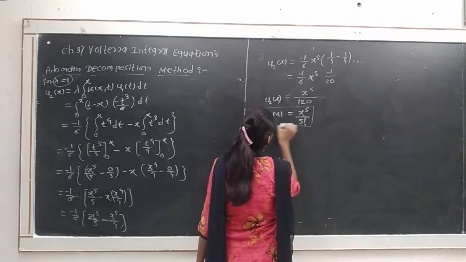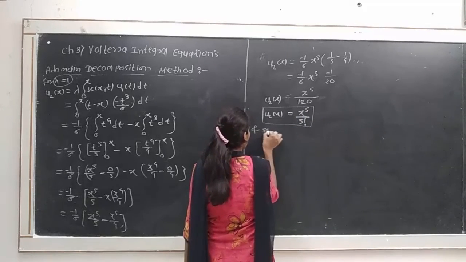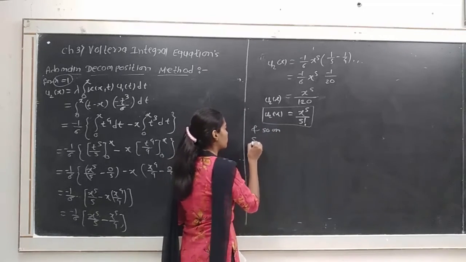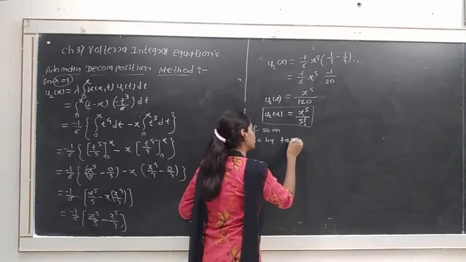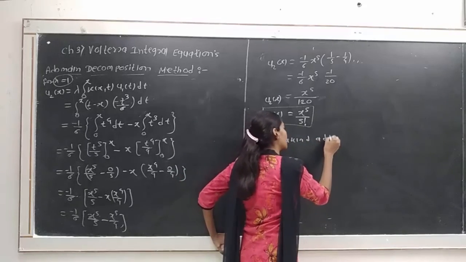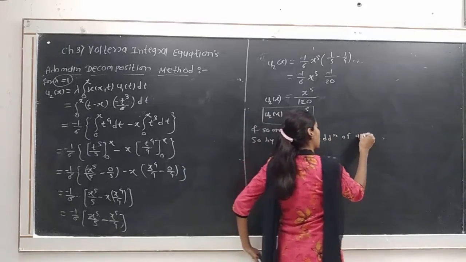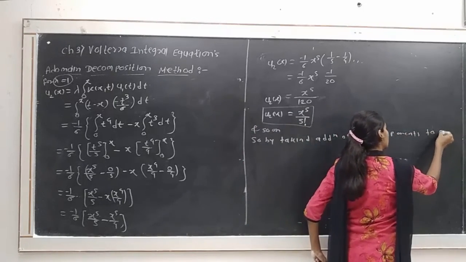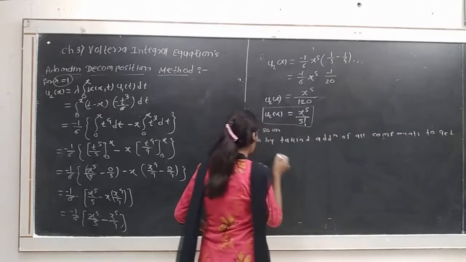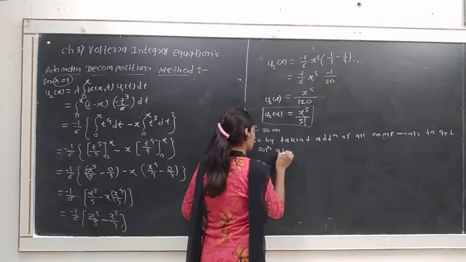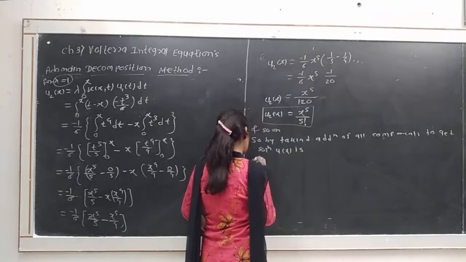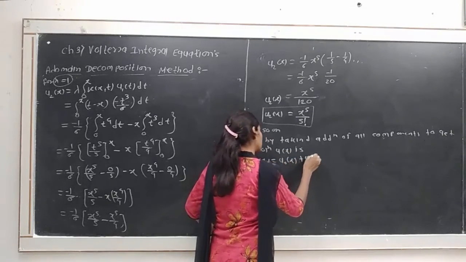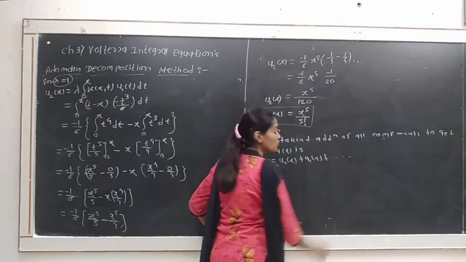Continuing in this way, we can find all the other terms, and so on. So by taking the addition of all components to get the solution, u of x is equal to u0 of x plus u1 of x plus so on.